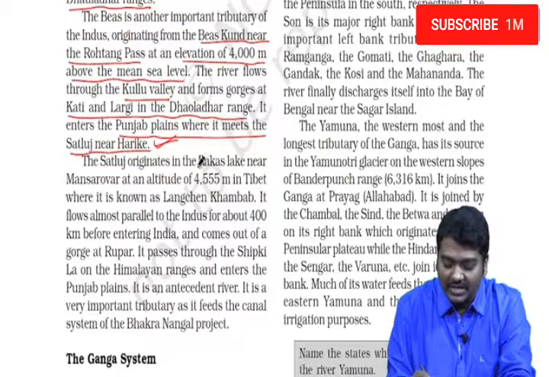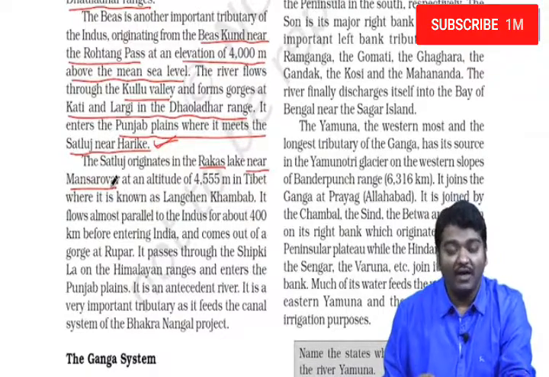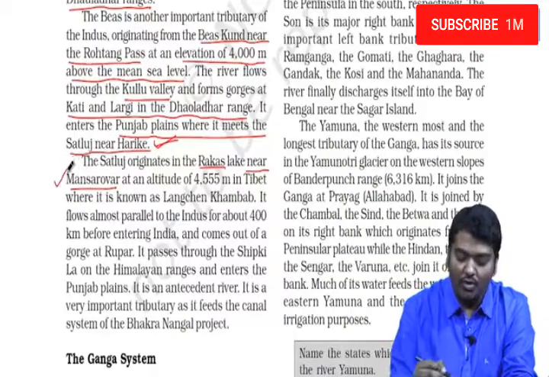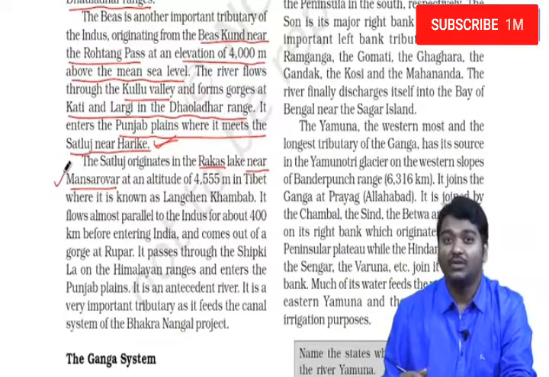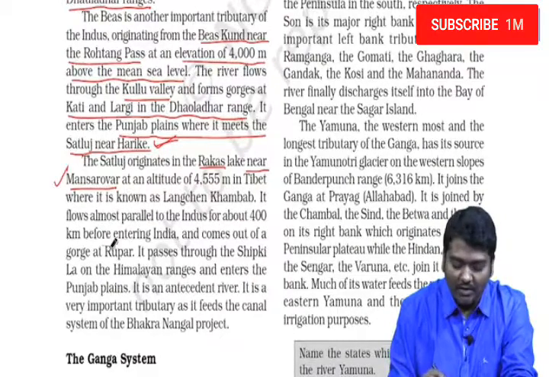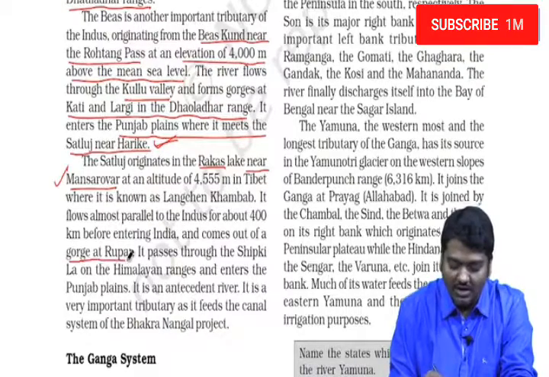Satluj originates in Rakas lake near Manasarovar, where Indus also originates. So it's very, very important for you to know that Satluj also originates near Tibet. It flows almost parallel to the Indus for about 400 km before entering India and comes out of a gorge at Rupar.